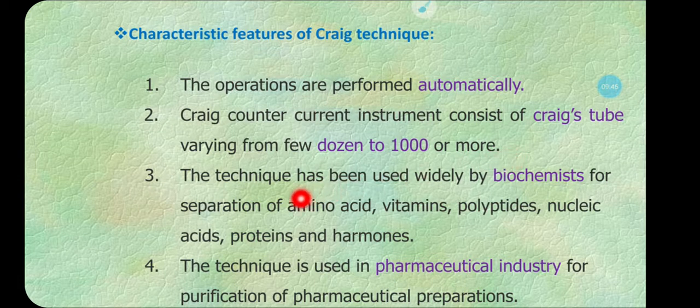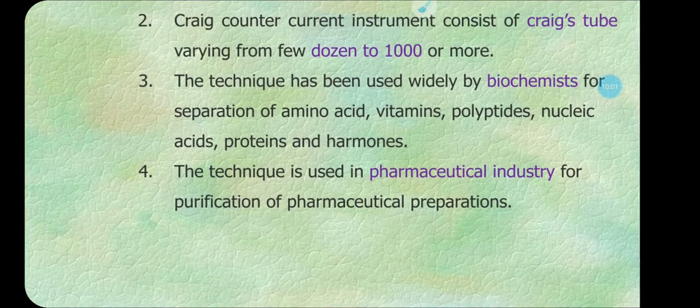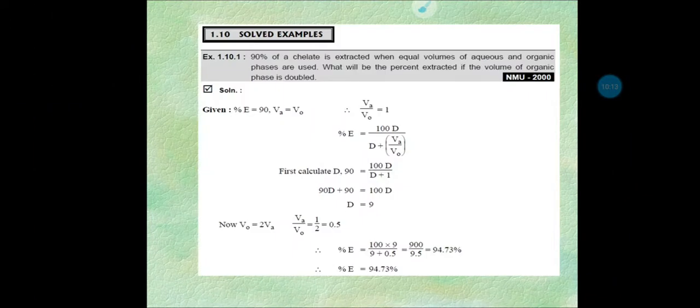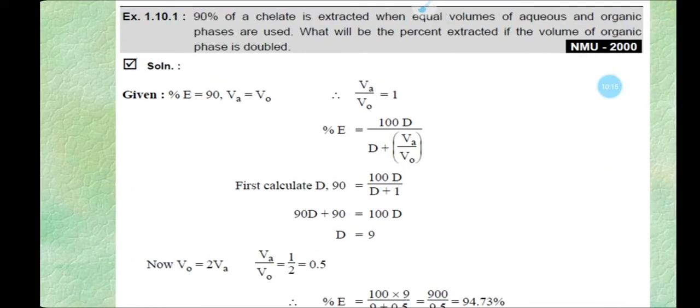The technique has been used widely in biochemistry for the separation of biomolecules like amino acids, vitamins, polypeptides, nucleic acids, proteins, hormones, enzymes, etc. The technique is also used in the pharmaceutical industry for purification of pharma active ingredients, that is API. So these are the uses of multiple batch extraction.